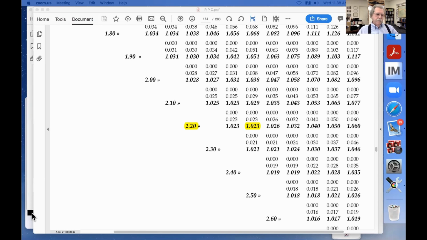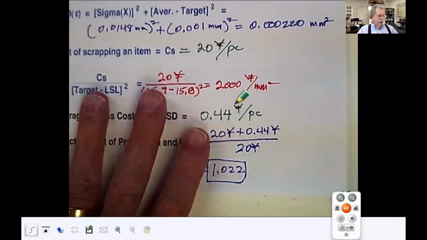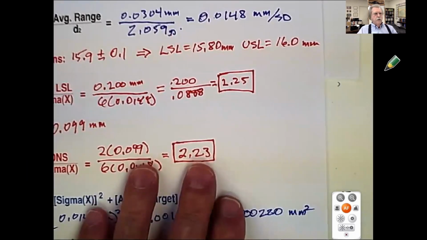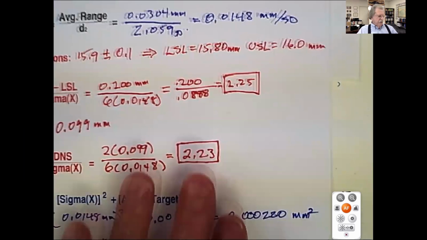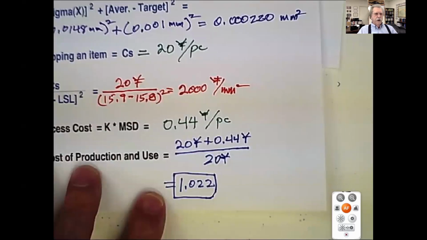You see, once you have the two capability indexes, you have all the information about the process and the specifications, and this number can be looked up in a table. Table 1 is for everything getting scrapped. Now, about that 20 yen per piece, what if I'd chosen 40 yen per piece?